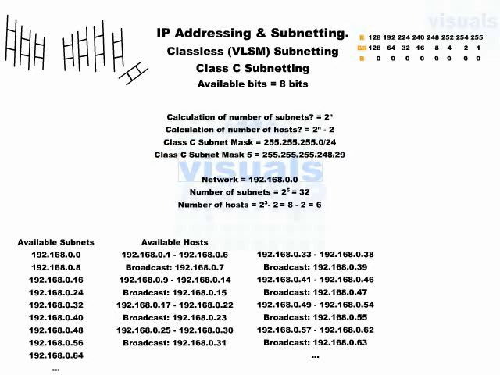As you can see, we are playing with 8 bits from 25 to 32. We are using 5 bits for subnets. By using 5 bits, we are getting 32 valid subnets.